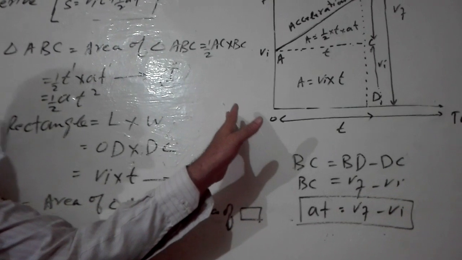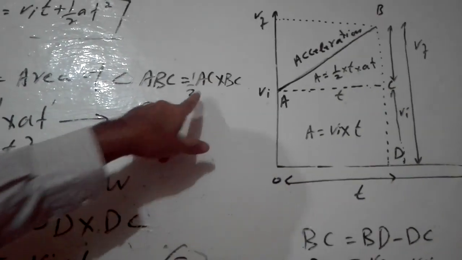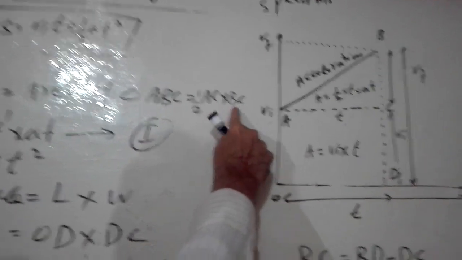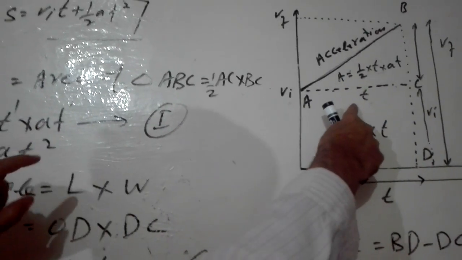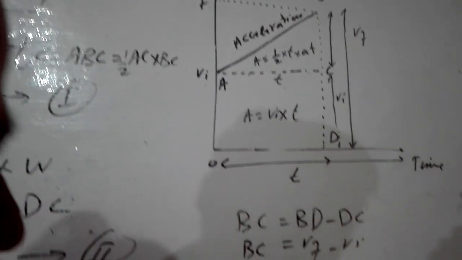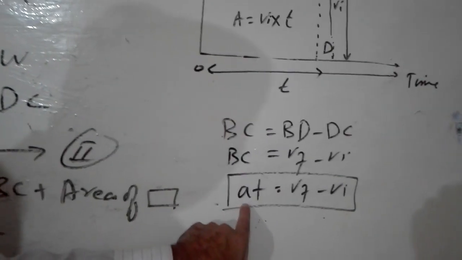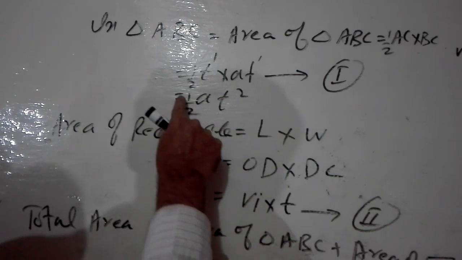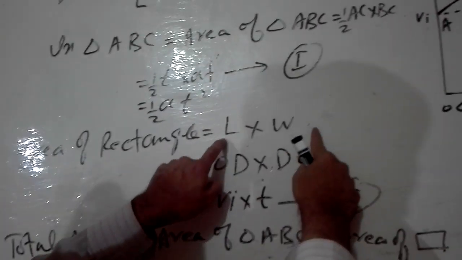Okay, let me explain briefly again, because I missed the half in the formula for the area of triangle ABC. 1 by 2 is the formula, AC is the base, BC is the perpendicular. So that's why you have to write half. Value of AC is equal to T, and the value of BC I have found from the first equation of motion. BC is equal to AT. Now multiply this, I will get half AT square. Now area of rectangle is length into width.